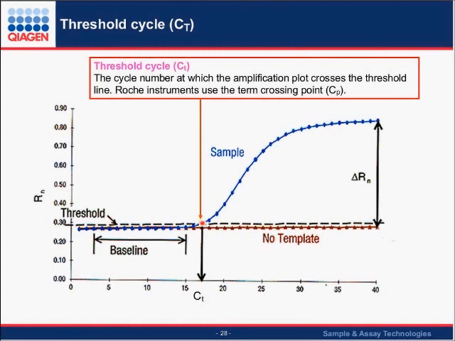So left is more DNA, right is less DNA, but less DNA can also be an inhibited reaction, and the importance of that will become evident in a moment.